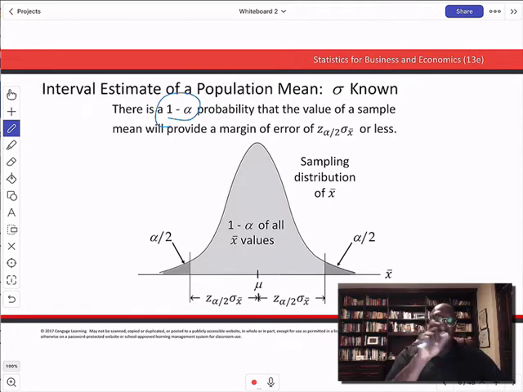So alpha is really just the complement. Basically either you contain the mean or you don't. So if the probability of containing the mean is 95%, the probability of not containing that parameter is 5%. So one is a complement of the other.